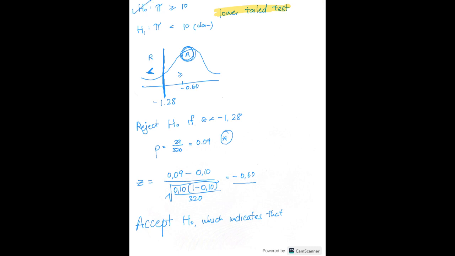Here it is here. The claim was in the alternate hypothesis. And if you're saying that the null is true, you're saying that the alternate is false. So the claim is false. So you'll say that this indicates that the claim is false.